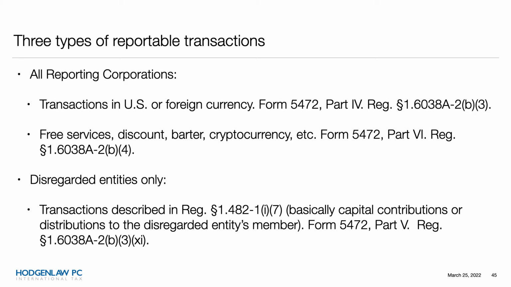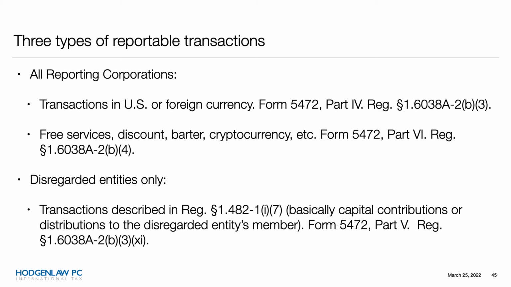For disregarded entities only, which is part 5 of the form, there's an additional class of transactions that are reportable transactions, and these are things that hit the owner's equity part of the balance sheet, capital contributions, distributions, things like that.